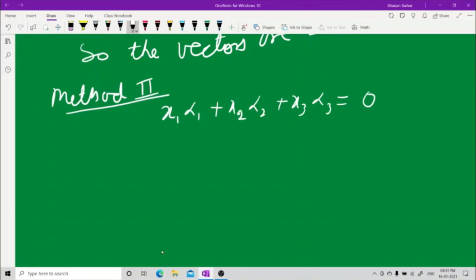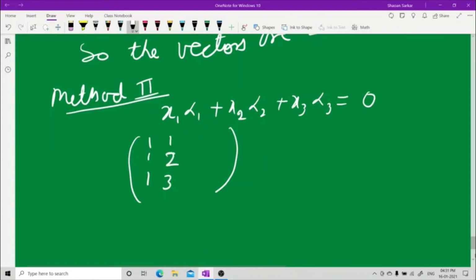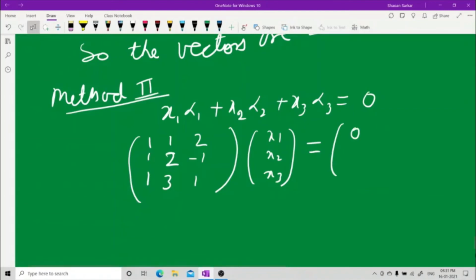Now what are these alphas? Alphas are those vectors. So you write the matrix straight away in this manner: 1 1 1, 1 2 2 3, and then 2 minus 1 1. You write x1 x2 x3, and then 0 0 0.